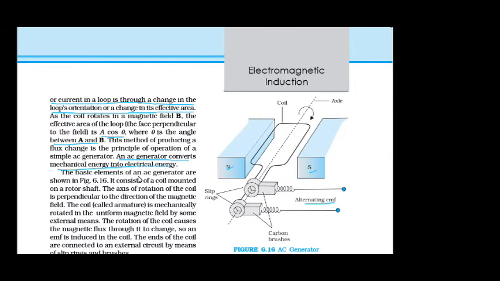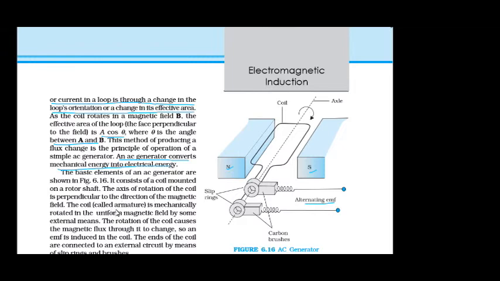The basic elements of an AC generator are shown in figure 6.16. It consists of a coil mounted on a rotor shaft. The axis of rotation of the coil is perpendicular to the direction of the magnetic field.